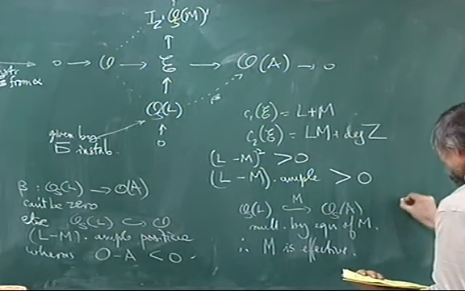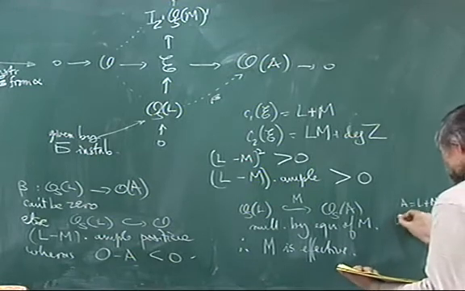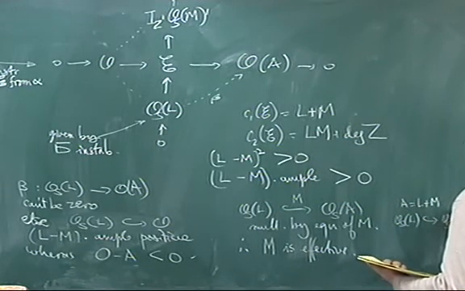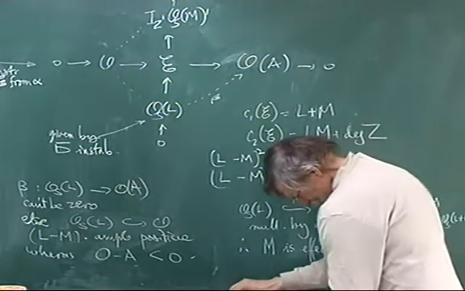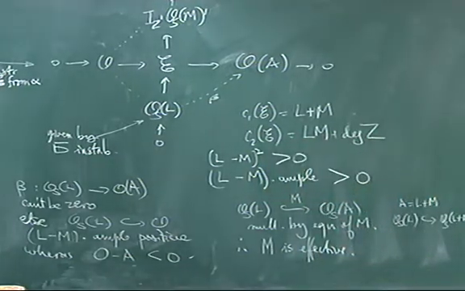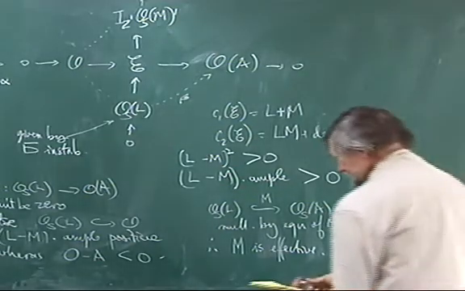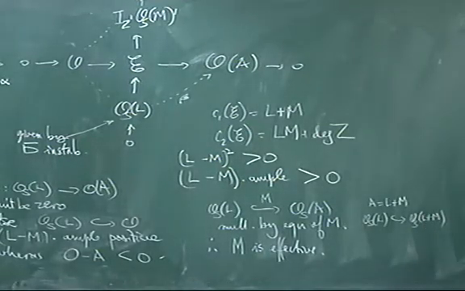So this means that A is L plus M, and OS of L is included in OS of L plus M. We're going to see the same argument two or three times, so it's worthwhile thinking about all the issues involved here.